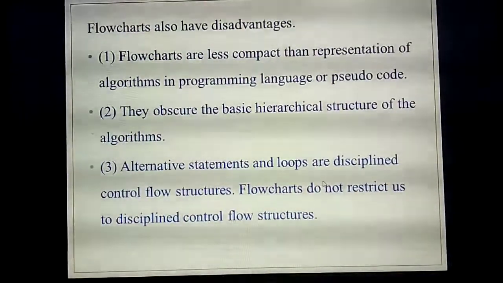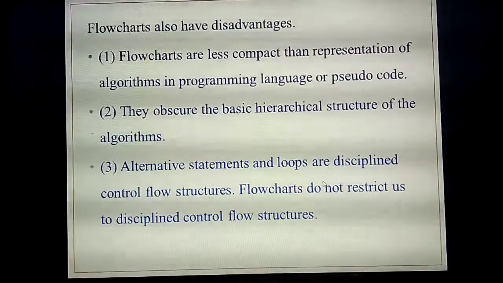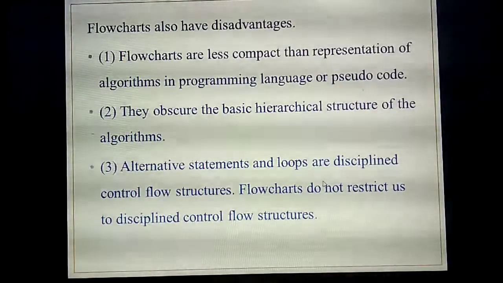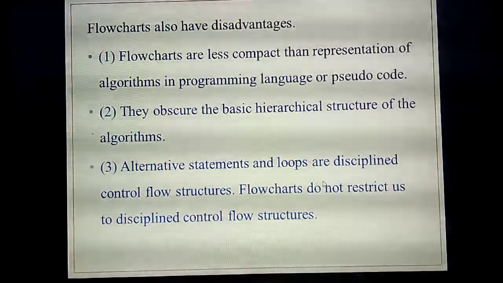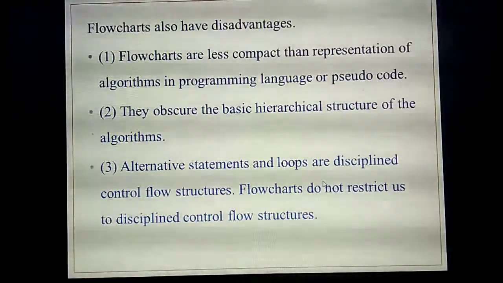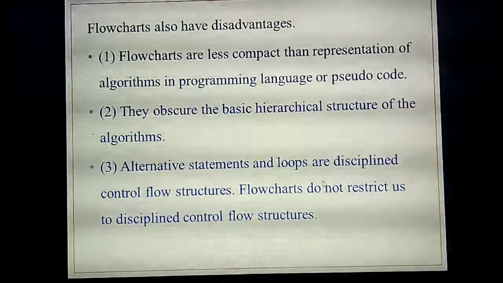So next, the flowchart has disadvantages. 3 disadvantages are there for a flowchart. First disadvantage is that it is less efficient. Compared to a programming language or pseudocode, a flowchart is less efficient and less compact. You have already studied that an algorithm can be represented in three types of notations: pseudocode, programming language and flowcharts.